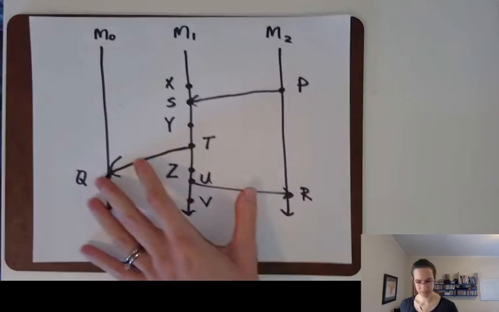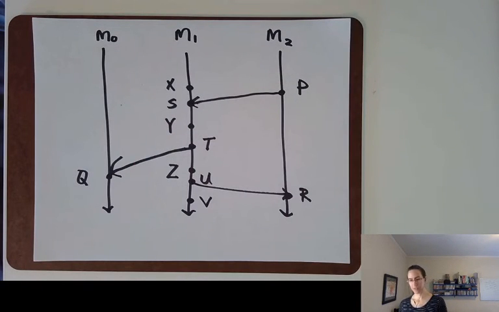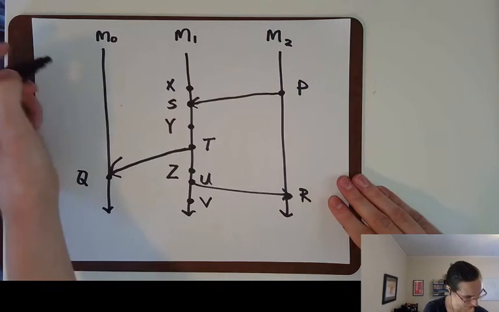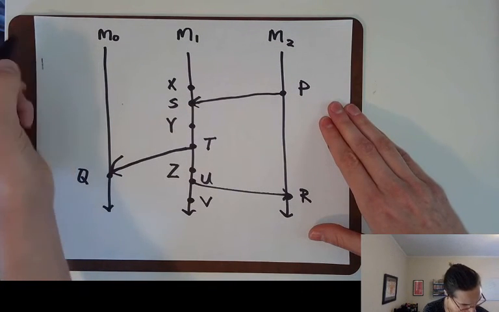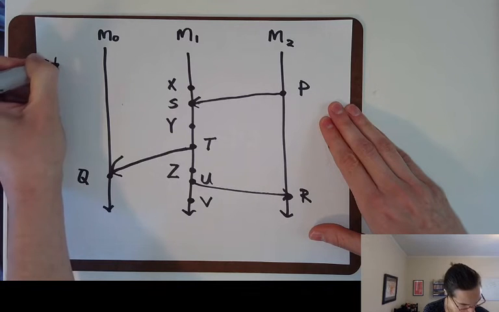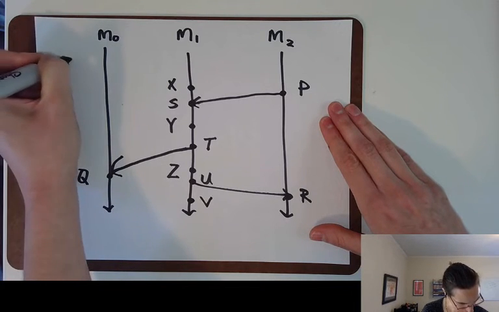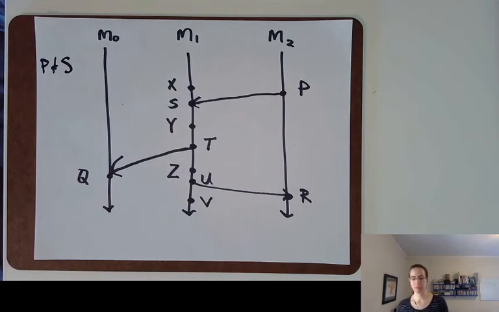Here we go. All right, so let's look at this and let's just try to talk about what happened before what. If I pick out two events, you tell me if they're related by the happens before relation. So how about P and S? Are those related by happens before?